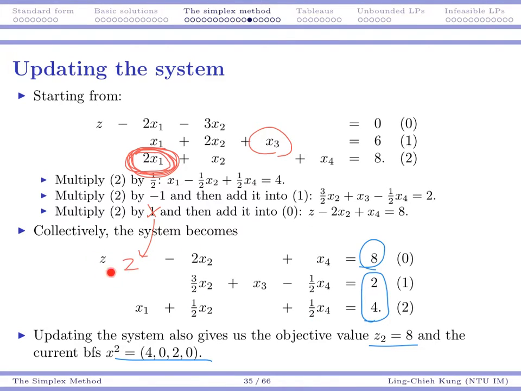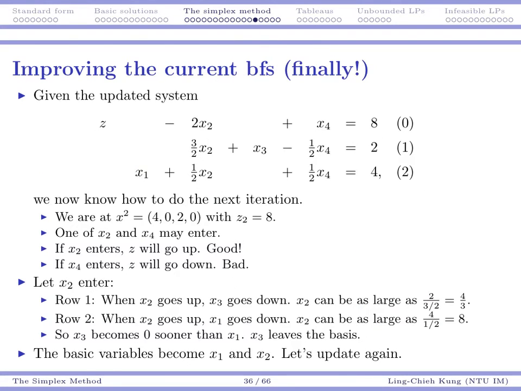So that's why your z is 8, x1 is 4, and x3 is 2. So doing the adjustments or doing the operations is good because it reveals important information about your solution and about your objective value. And what's more valuable is that now improving to the next basic feasible solution would become so easy. All we need to know is to take a look at the non-basic variables.